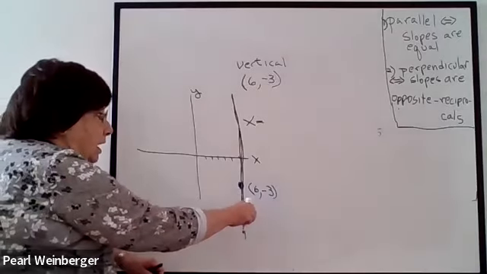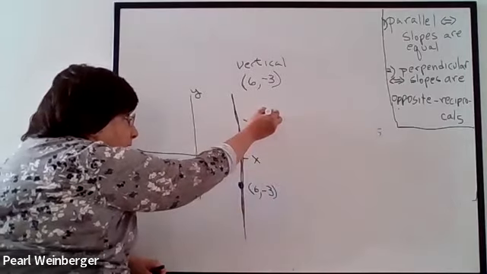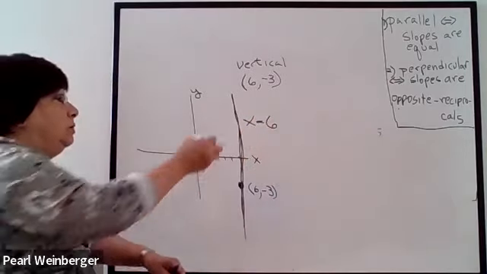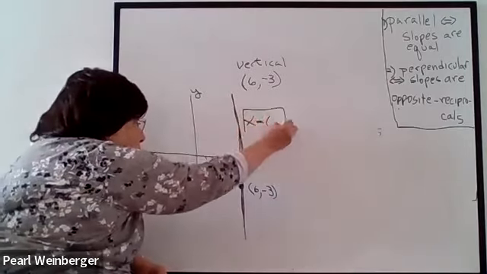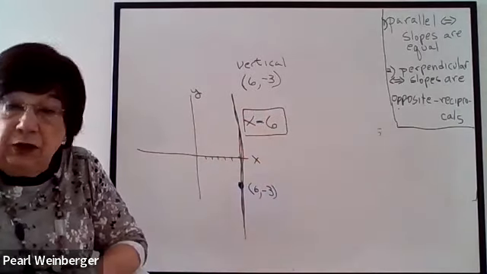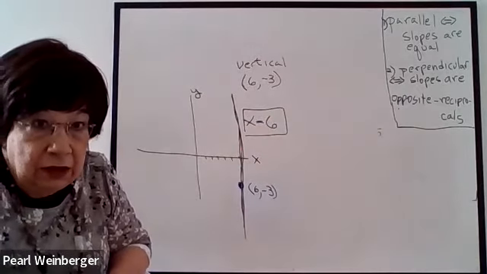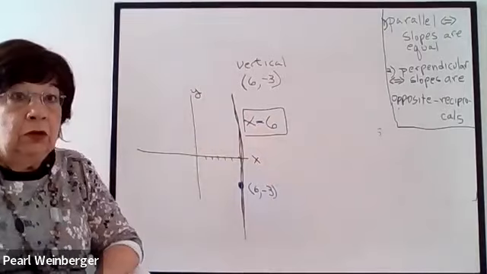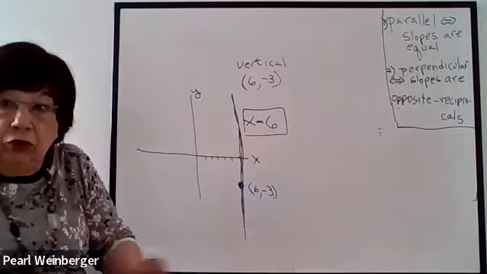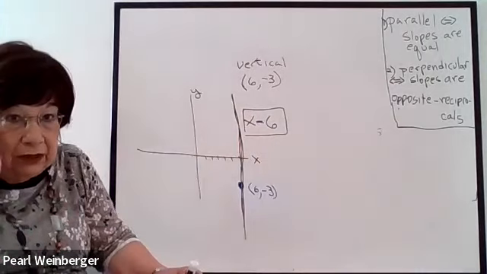So what is the x here? Well, this is 6, -3. So the x is 6. So the equation of the line, this is what I wanted you to give me, is x equals 6. And that would be your answer. These are easy to write because you don't have to find slopes or anything like that. You just look at the point itself.